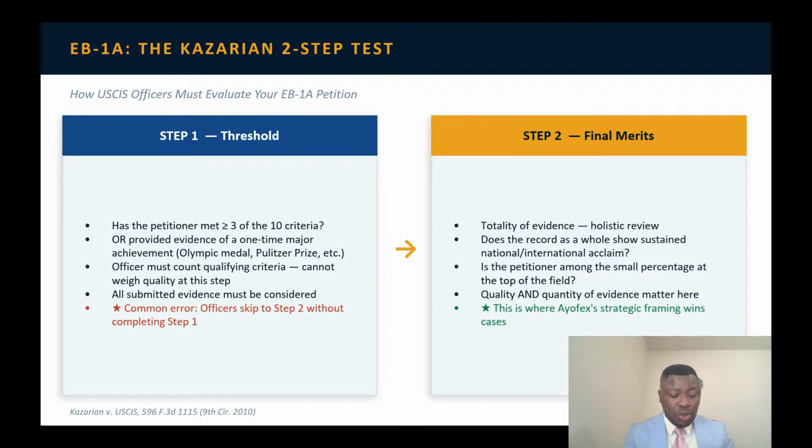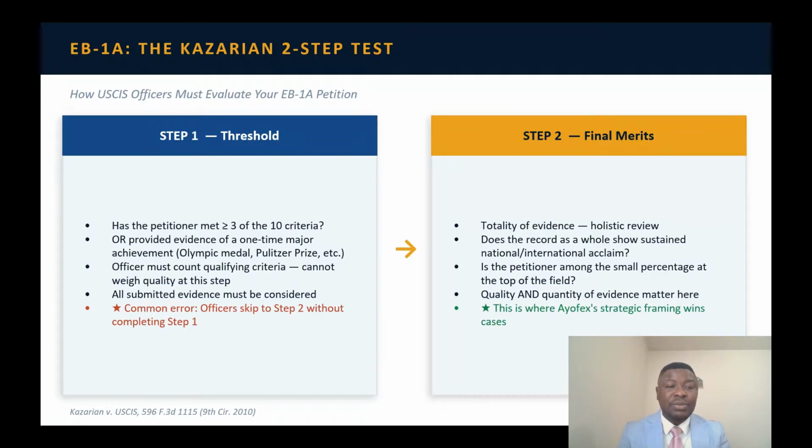So I spoke to you about the first step. In the first step, you only need to meet 3 out of the 10 criteria. Now, the second step is called the Kazarian second step test. This is how USCIS officers must evaluate your EB1 petition.